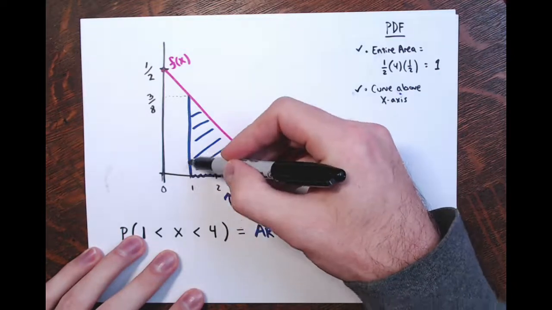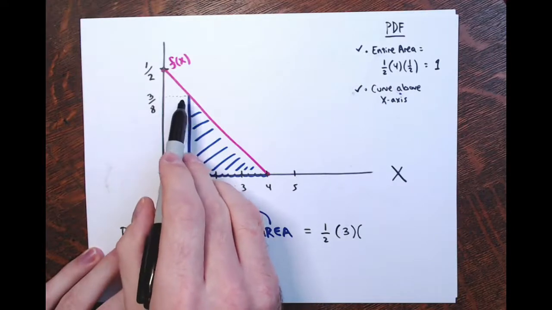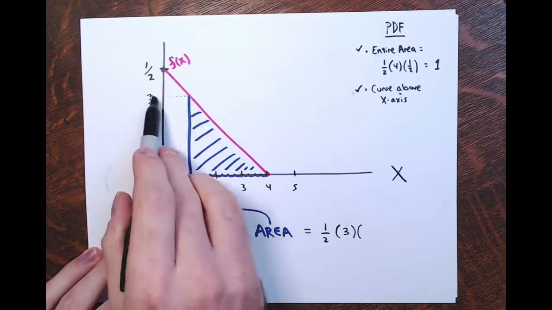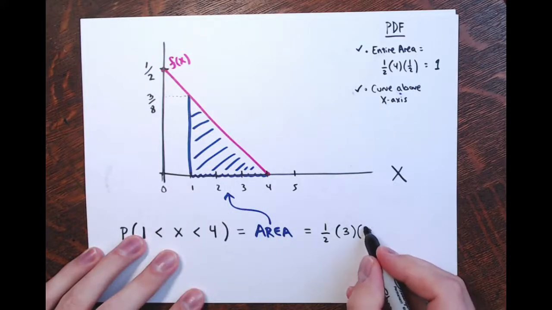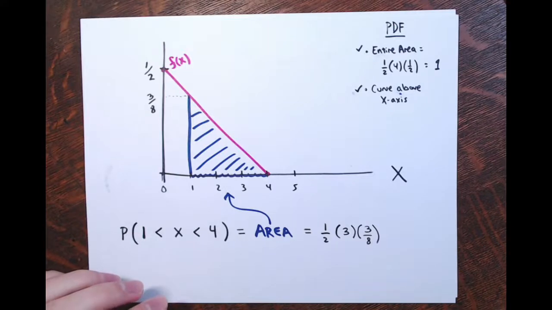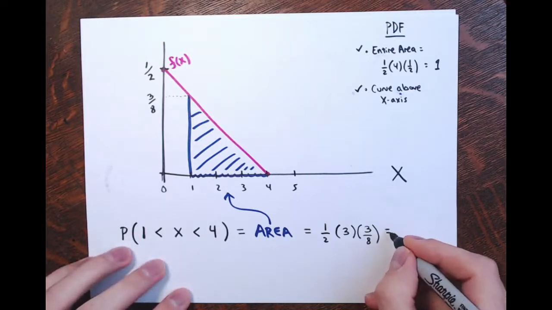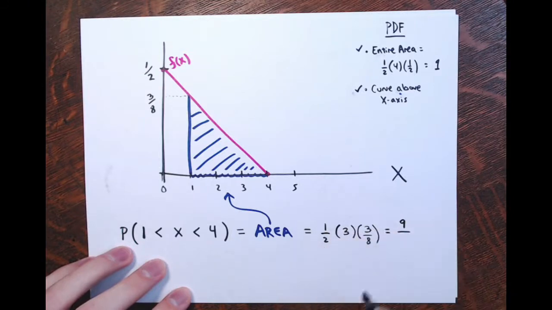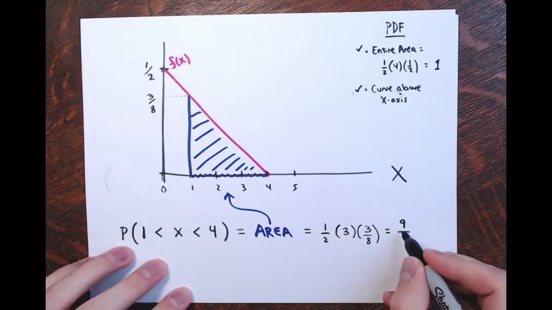Multiplied by the height. They gave us in the picture the height at 1, which was 3/8. So half of 3 times 3/8, if you multiply all the numerators, is 9, that's 1 times 3 times 3, and multiplying all the denominators, 2 times 1 times 8, is 16.